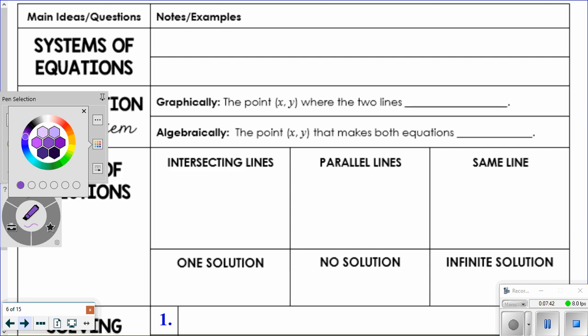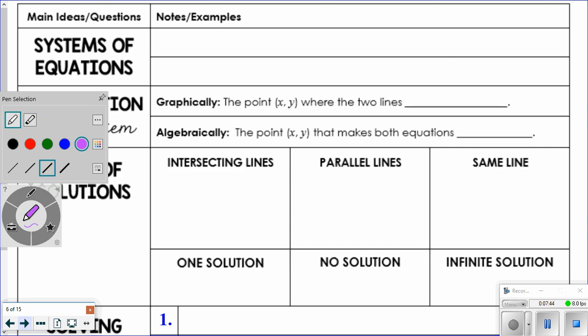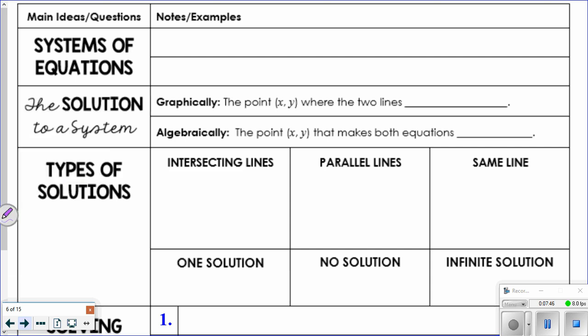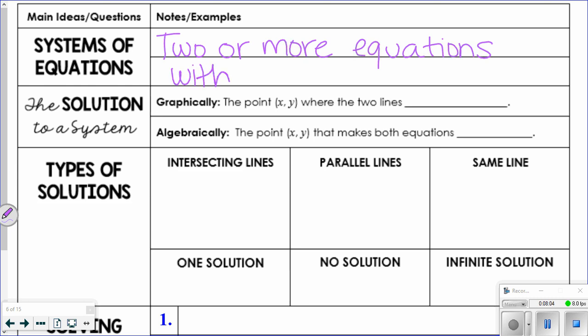So lesson 17-1. Systems of equations are 2 or more equations with the same variables.